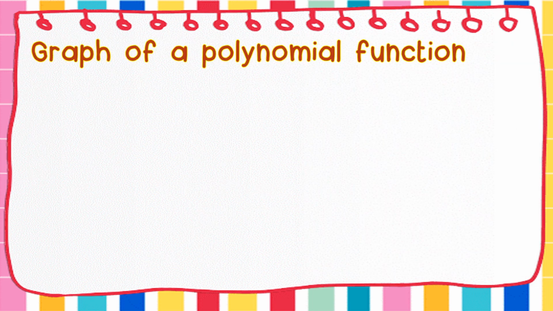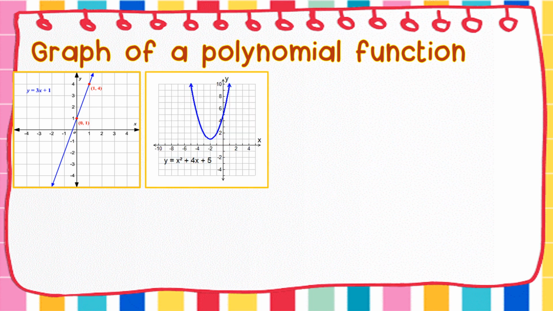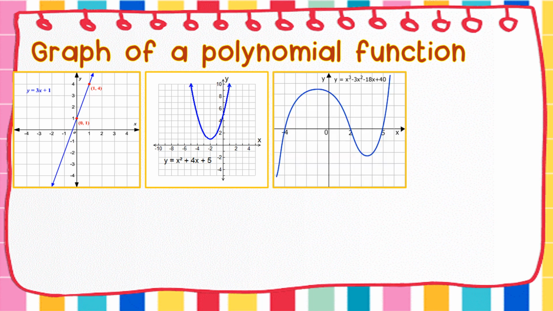Now, let's go to the graph of a polynomial function. Yan. Example natin to. Observe the graph. This is the graph of y equals 3x plus 1. This is the graph of y equals x squared plus 4x plus 5. Now, this is the graph of y equals x cubed minus x squared minus 18x plus 4.